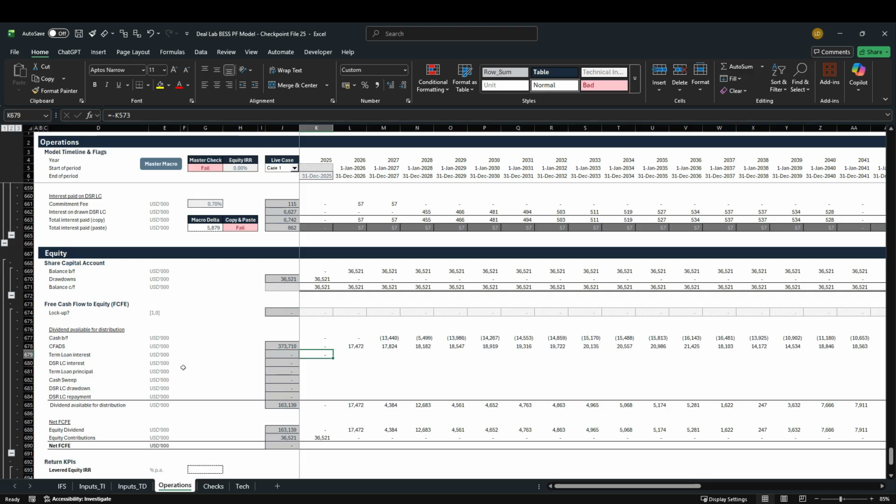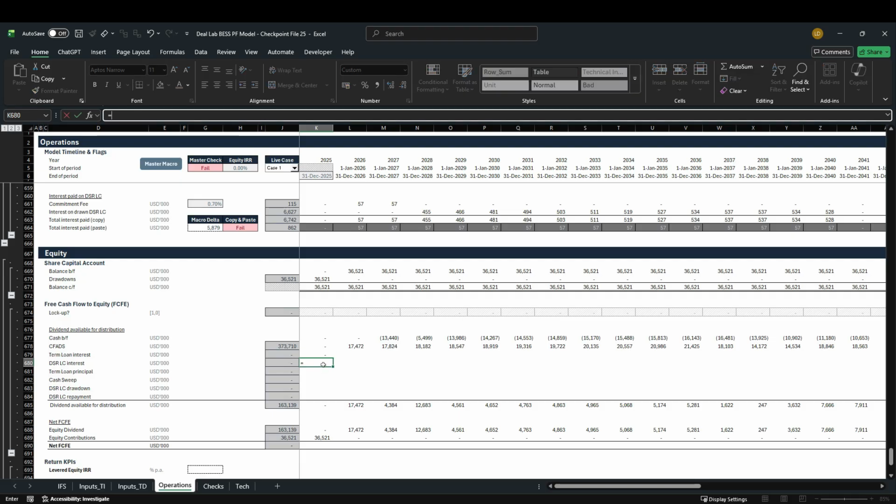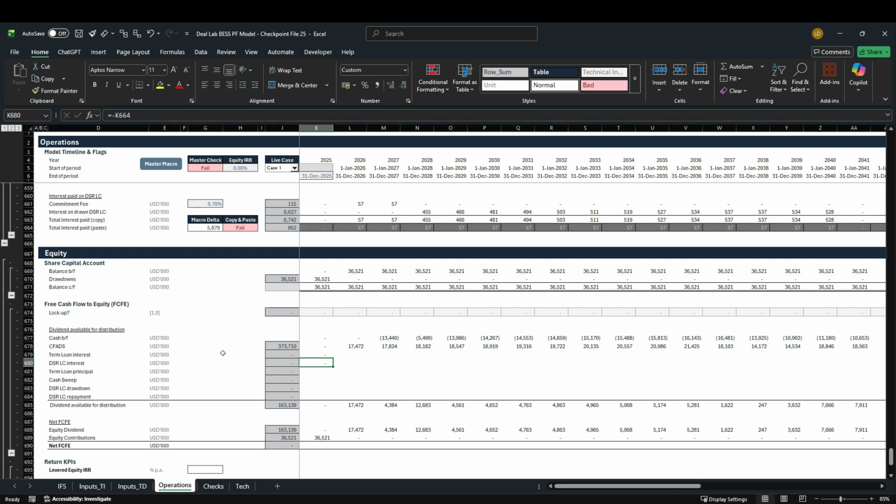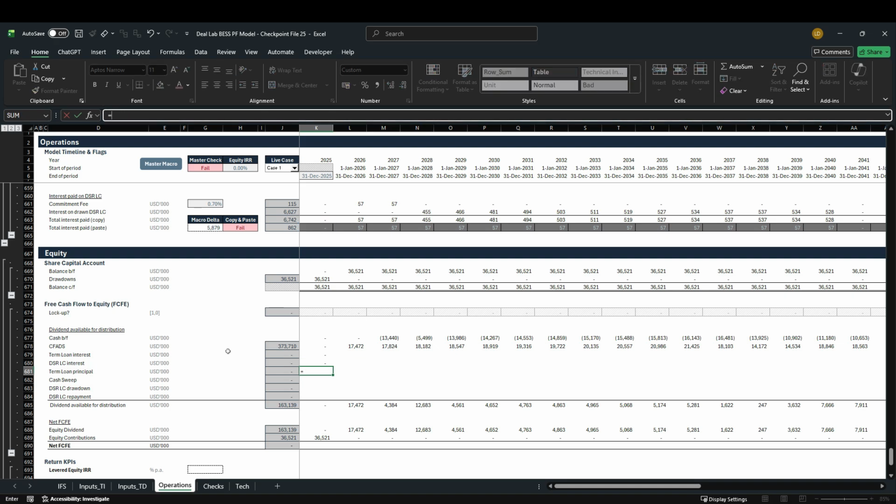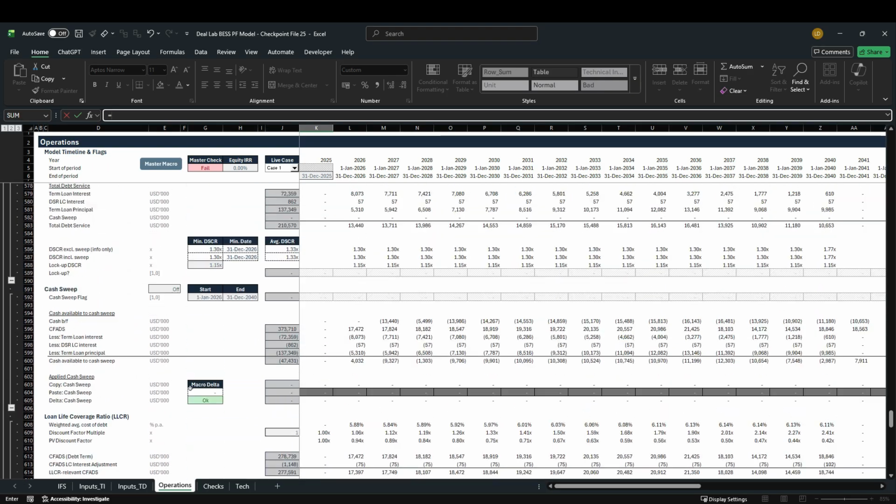Then for our DSR LC interest, we can just pick up the macro paste row, also negative from right up here. That was the end of the last lesson where we modeled this. So minus K664. And the term loan principal sits in our term loan account. So let's scroll up.